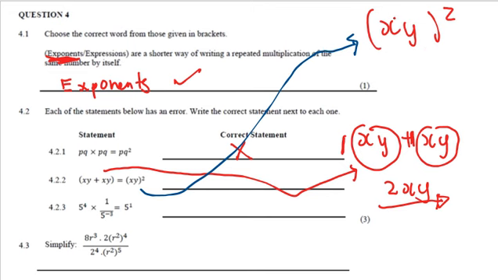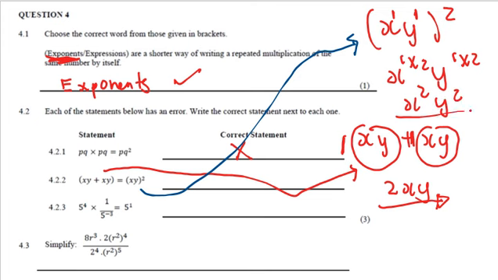Inside here we know the x exponent is 1 and the y exponent is 1. What did we say? This outside exponent will multiply these exponents. So we're going to have x to 1 times 2, y to 1 times 2, so x squared y squared. This is our answer. So is this equal to that? No. We can see that.